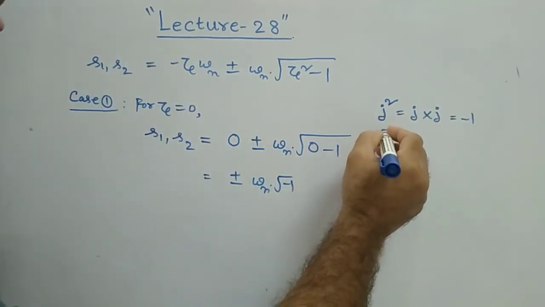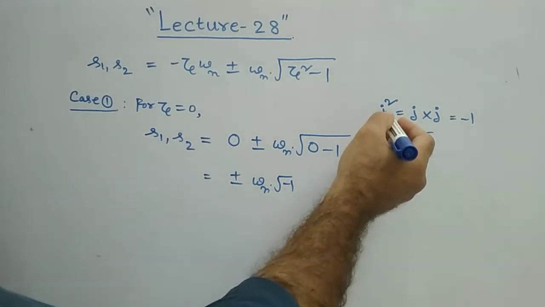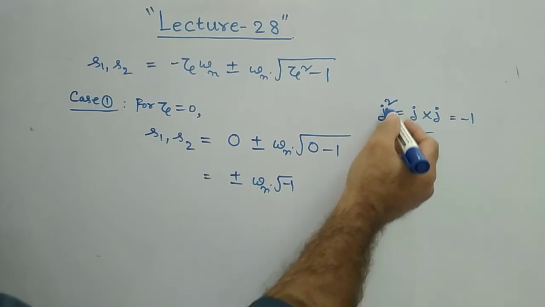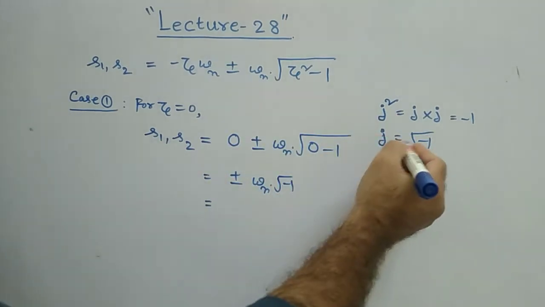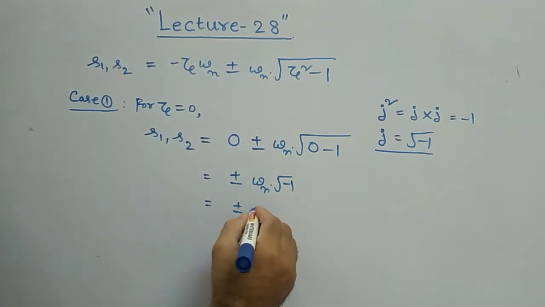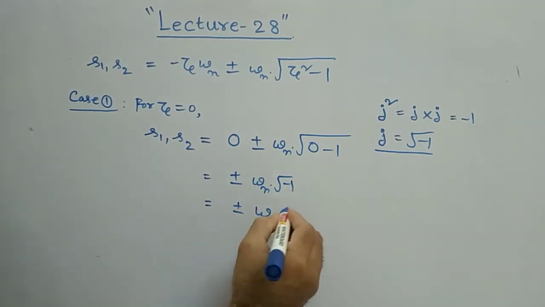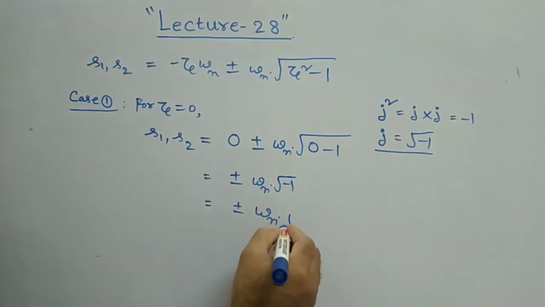Then j is equal to the square root of minus 1. Clear? Therefore, from this definition, plus or minus omega n into the root of minus 1 can be written as j.